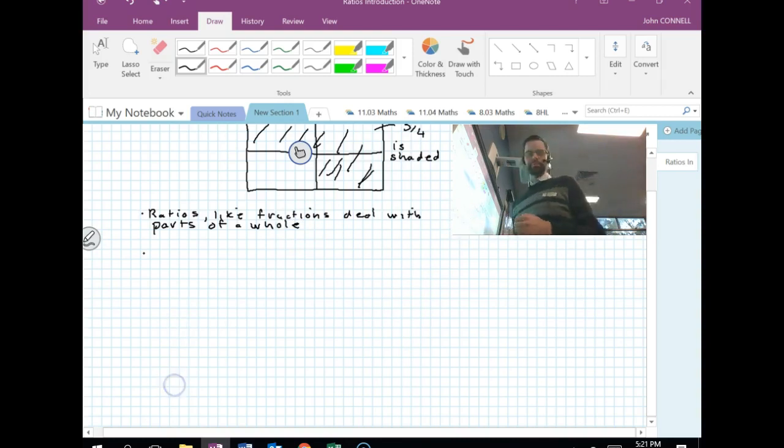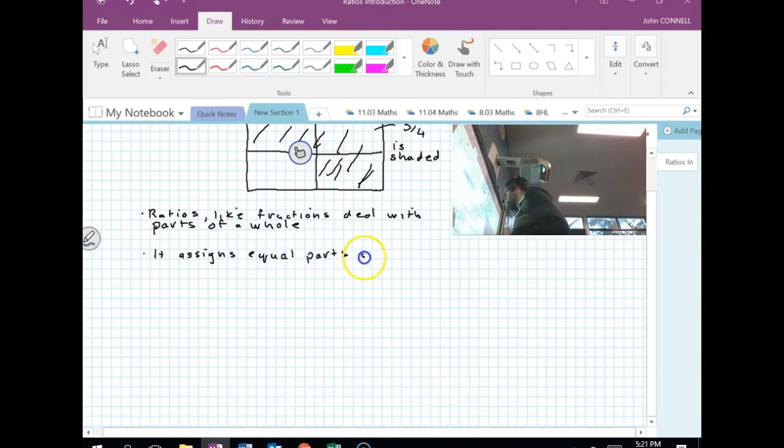But, and this is where they slightly differ, it assigns equal parts of a whole into groups depending on a feature.